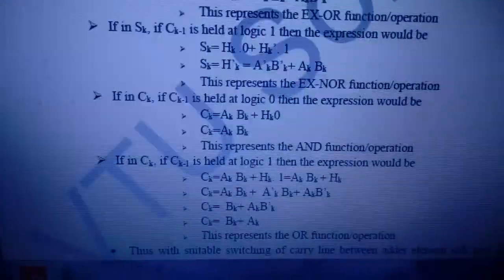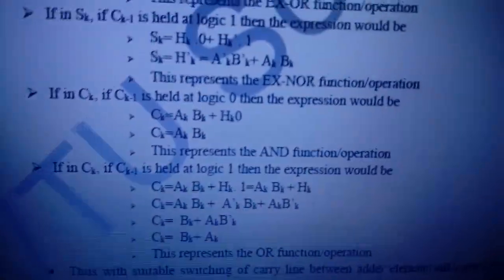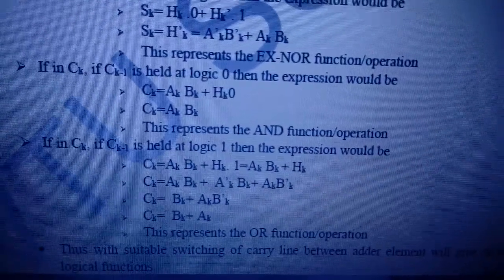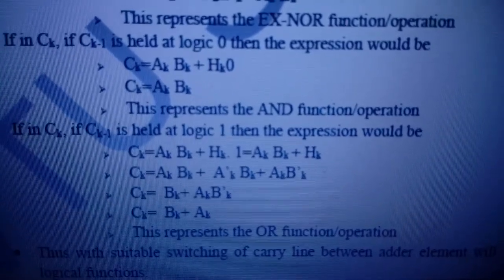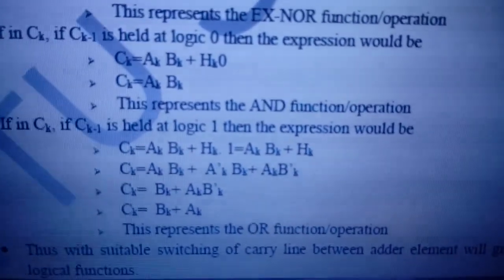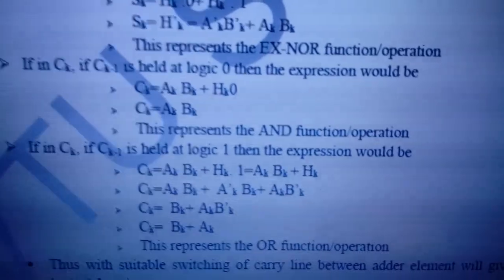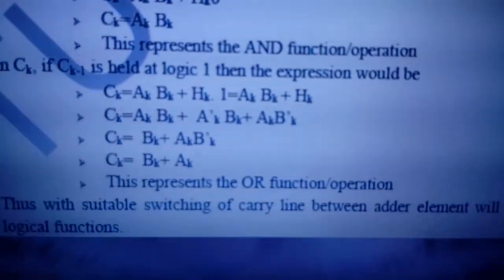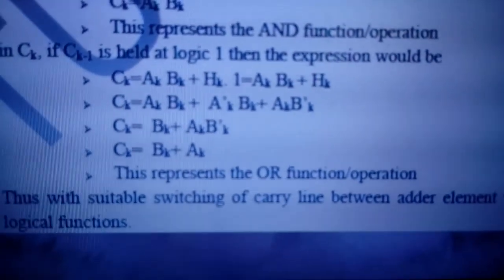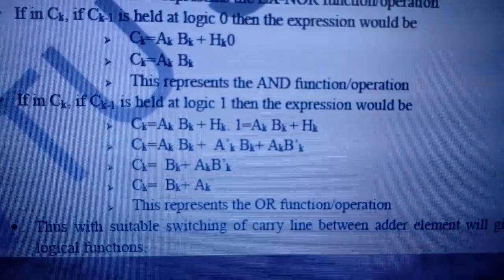Now for carry, in CK, if CK minus 1 is held at 0, then the expression would be CK equal to AK BK plus HK into 0. So CK will be AK into BK. This represents the AND function. In the next case, if CK minus 1 is held at logic 1, the expression would be CK equal to AK BK plus HK into 1.